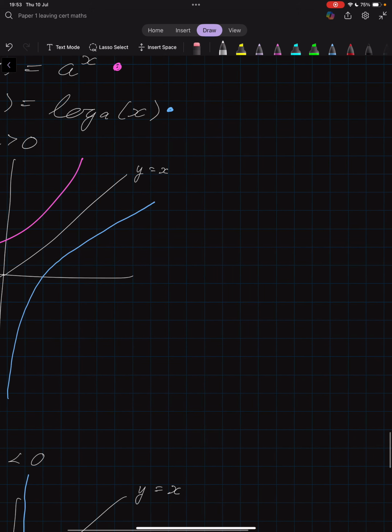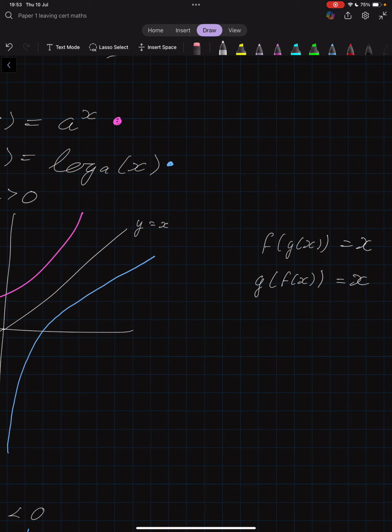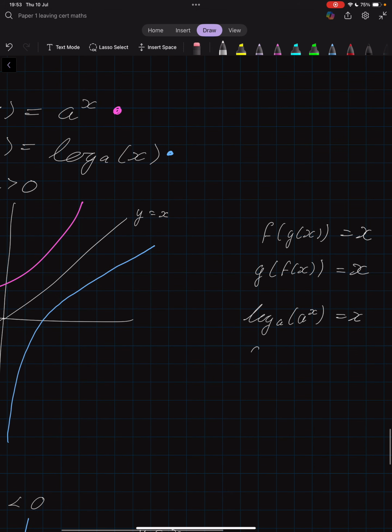Okay, so by inverse, what do I mean? I mean that f of g of x equals x. So basically, if you give x to g and then give g to f, it will give you back x. And also g of f of x also equals x. So this is just to say that log to the base a of a to the x is equal to x, and also a to the power of log to the base a of x also equals x.